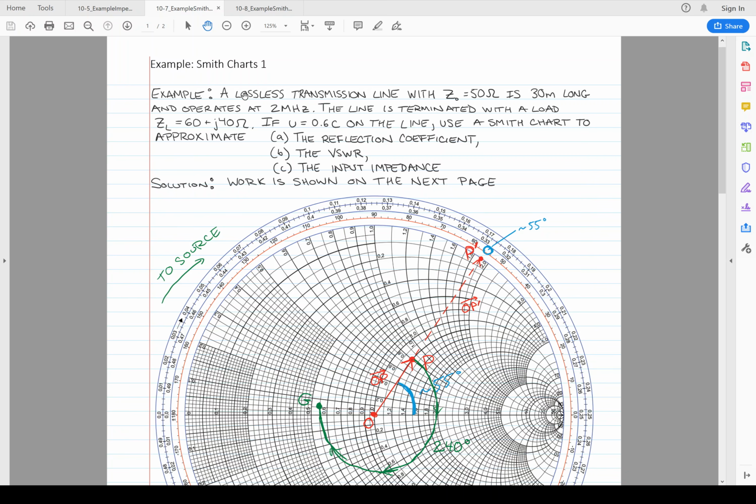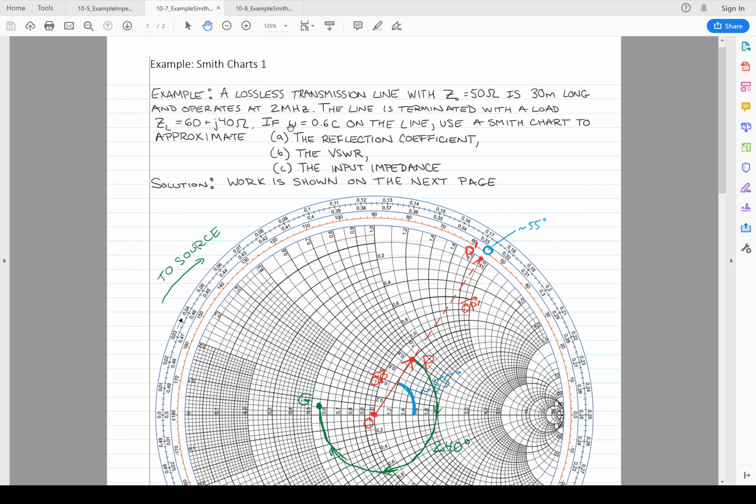For example, a lossless transmission line with characteristic impedance 50 ohms is 30 meters long and operates at 2 megahertz. The line is terminated with a load given by 60 plus j40 ohms.